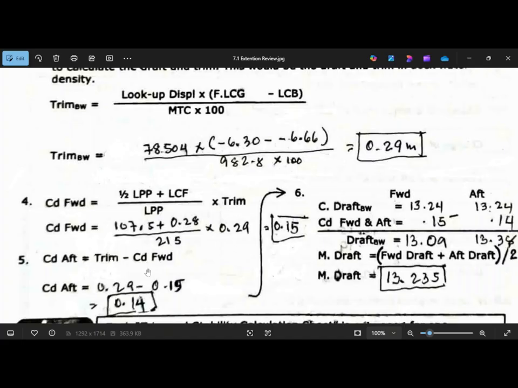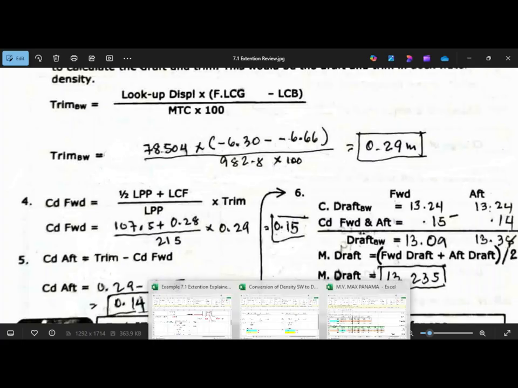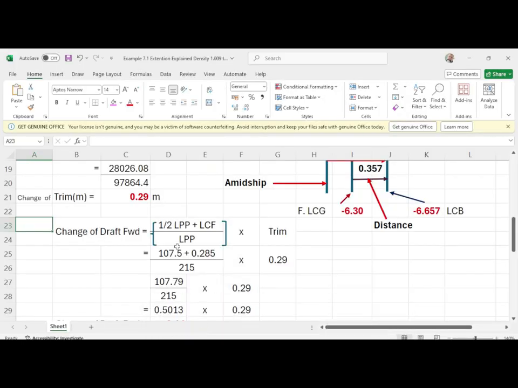Your change of drop will be 0.15. Here we have the same one half of LPP plus LCF over LPP times trim. Your LPP is 215, and one half of 215 is 107.5, times your LCF. What is your LCF?